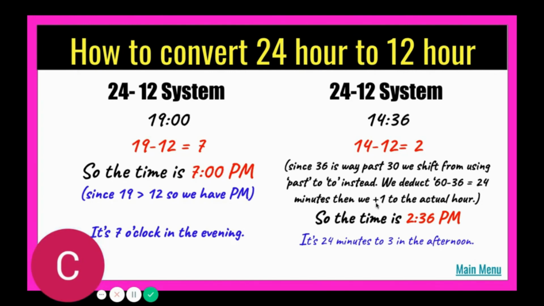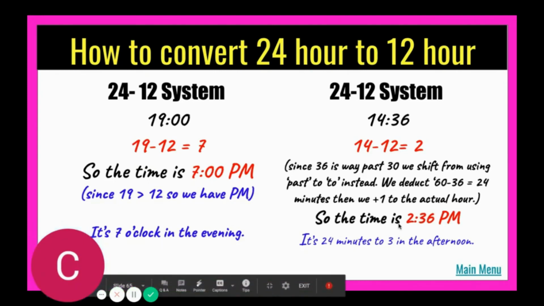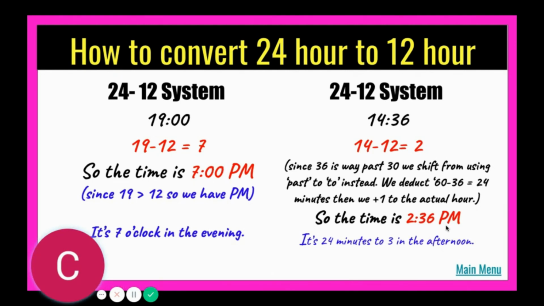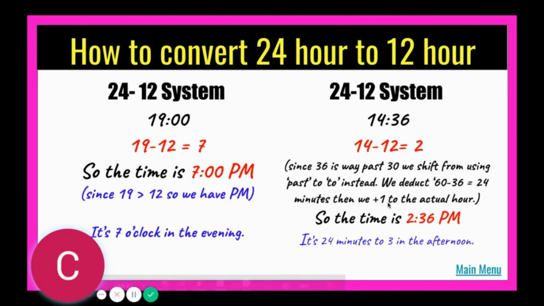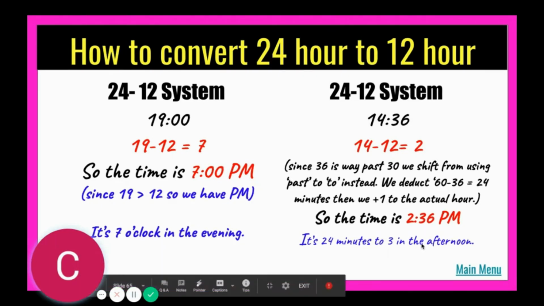Then we add 1 to the actual hour. If you want to read it simply, it goes like 2:36 p.m. But if we want to say it in a more formal way, it's 24 minutes to 3, because 1 plus 2 is 3, in the afternoon. Again, it's 24 minutes to 3 in the afternoon.